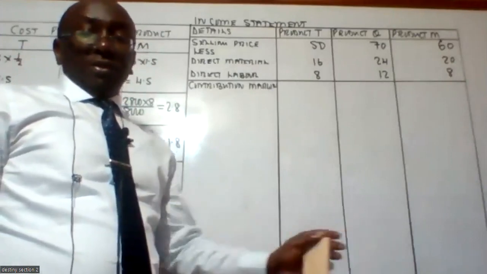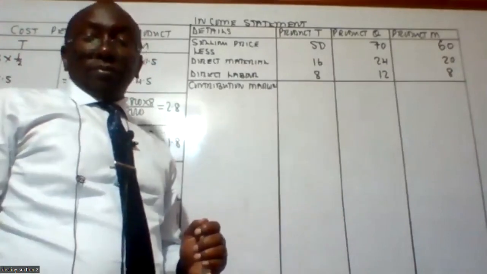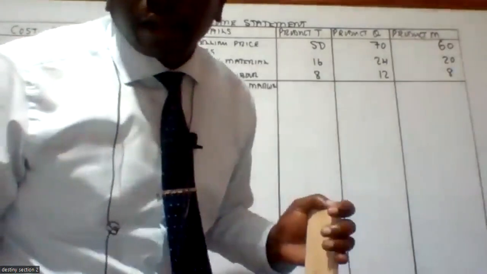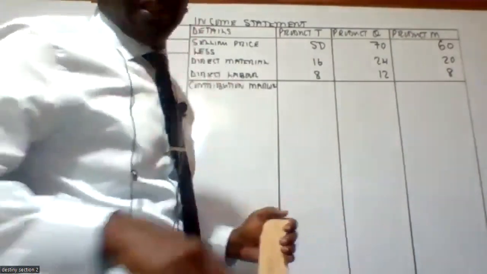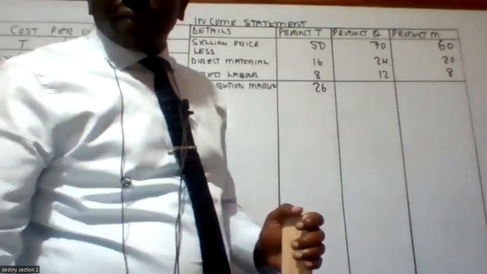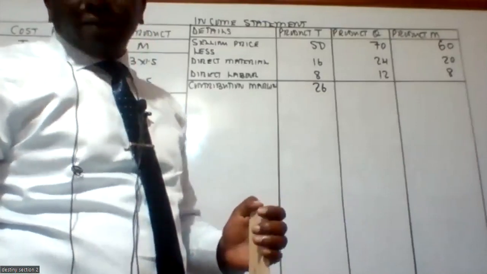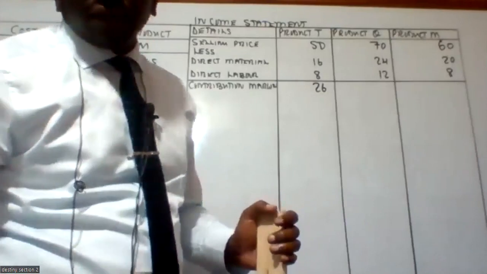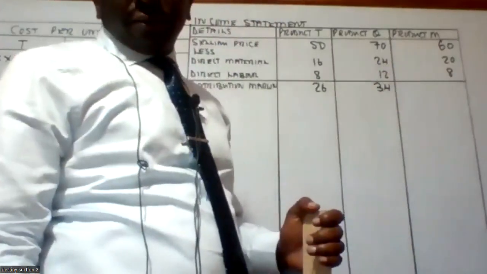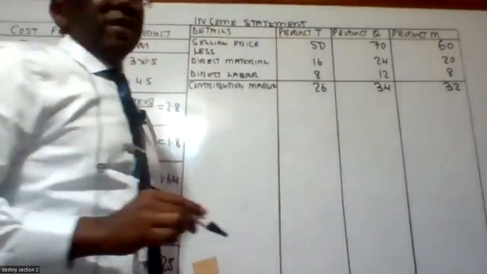So tell me the first one is what? 26. The second one? 34. The third one? 32. Good.